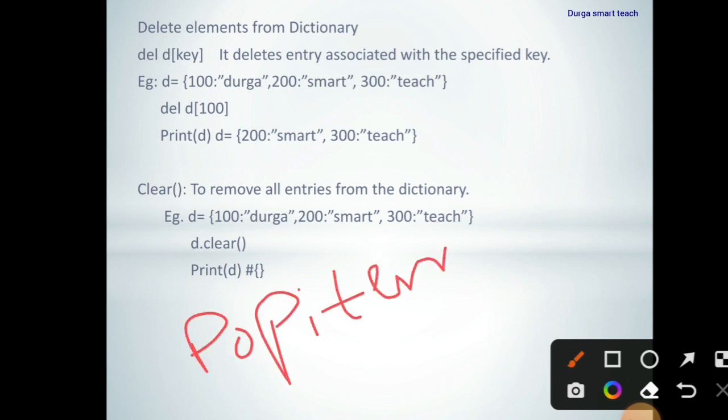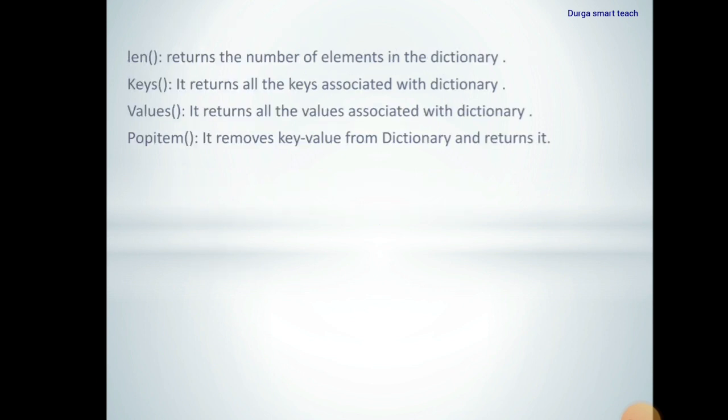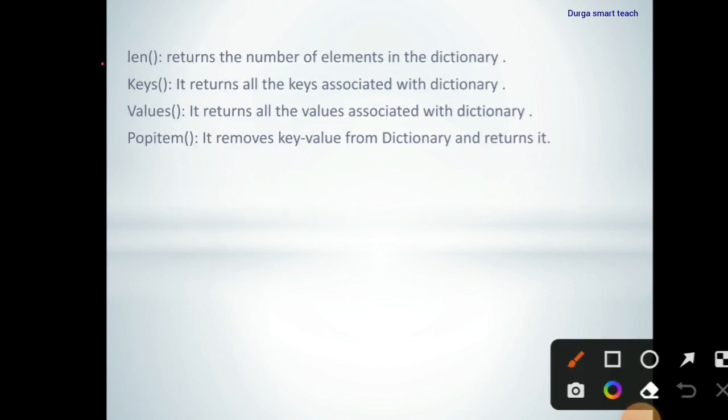If you use popitem, it will delete some random dictionary item and returns it. Random means unpredictable. So it will remove a random item and returns it. So these are the functions in dictionary: len, keys, values and popitem.